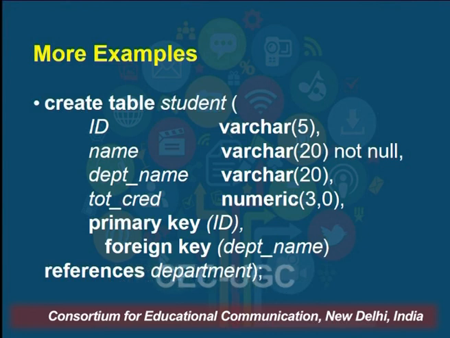Then the third one is department varchar 20, then we have total credit numeric 3,0. That means it is not going to take any digit after the decimal place. The ID will be the primary key and the department name is taken as the reference from the department as a foreign key.